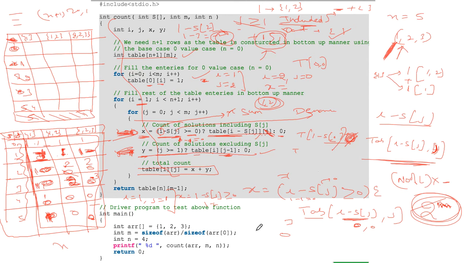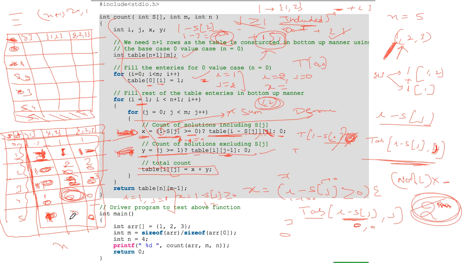Most important. If you have done this, for example here, I can ask myself, okay, what should this entry denote? This entry should denote creating 4 by including 1, 2. Which further I know from my algorithmic purpose that if I have to create 4 by including 1, 2, then there are 2 solutions, whether to include 2 or whether not to include 2.